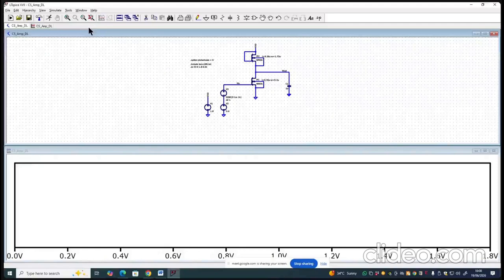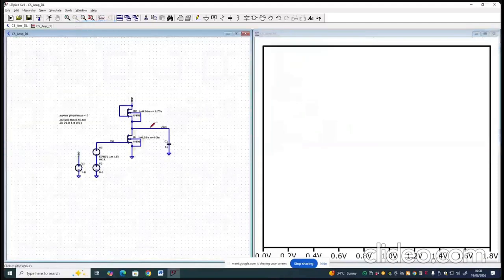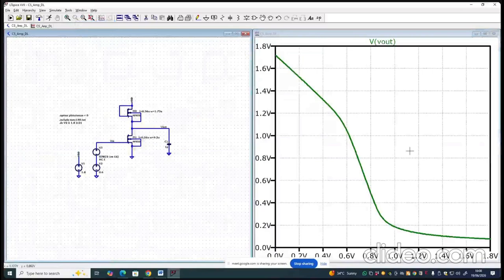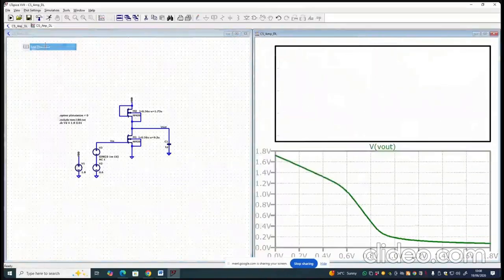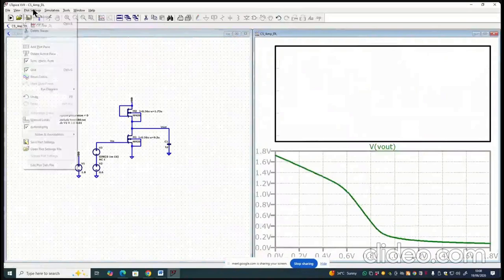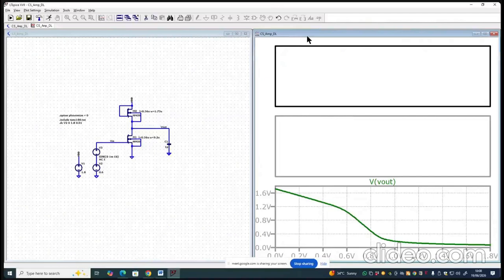Okay. So we have done the simulation. Let's plot the V out. So this is V out versus V in. Let me add some more plot pins so that we can see the current and everything.